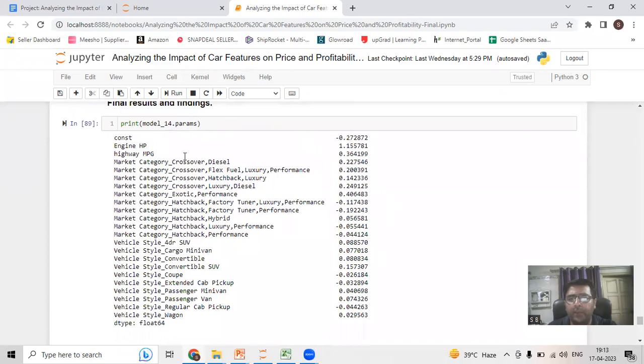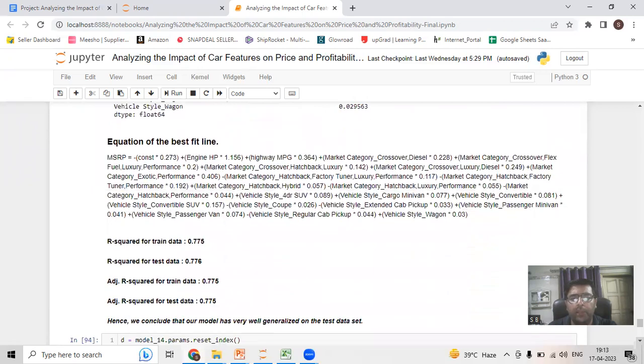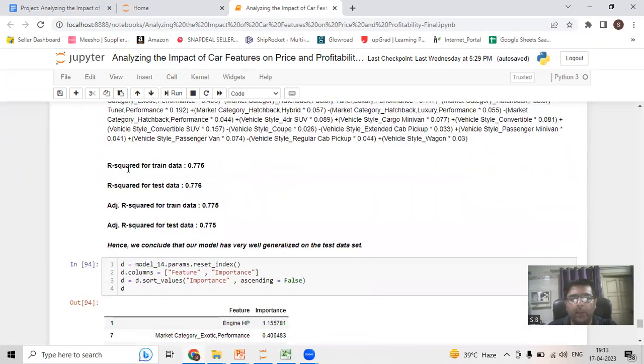Here are the coefficient values for different independent features, and here we go with the equation of the best fit line, which was found by us with the help of that linear regression model. These are our r squared and adjusted r squared values, which show that our model is very well generalized on the test data set.